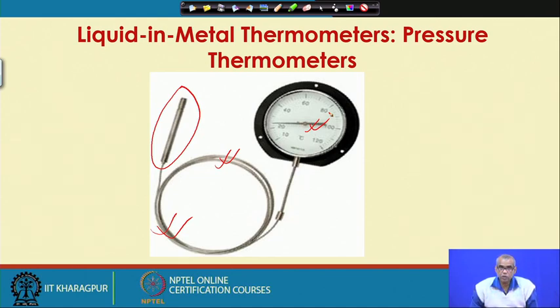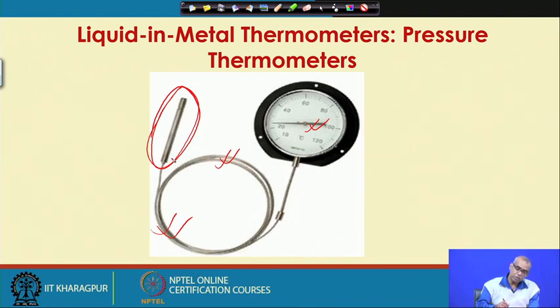So, the way it works is we will put this bulb into the medium whose temperature we are going to measure. This bulb, this capillary tube and the Bourdon tube are all filled with a sealing liquid such as an oil or a glycerin.